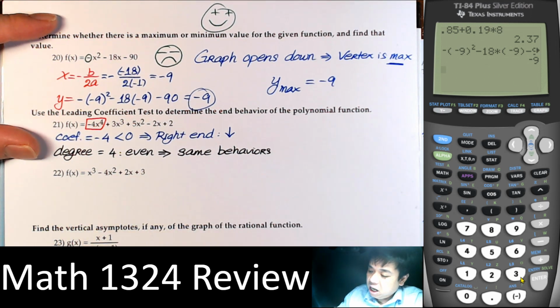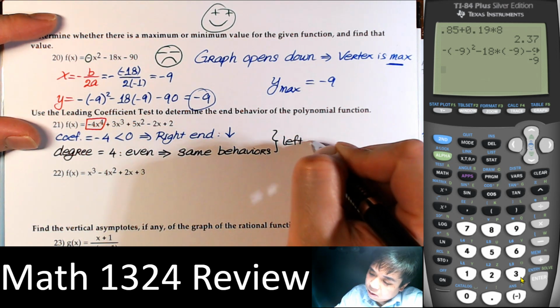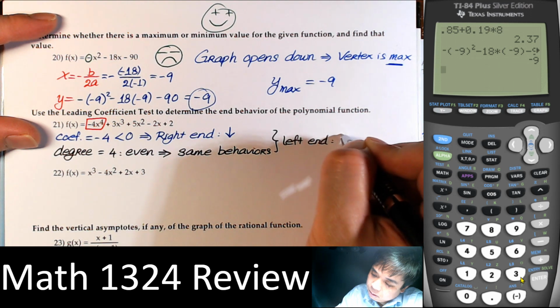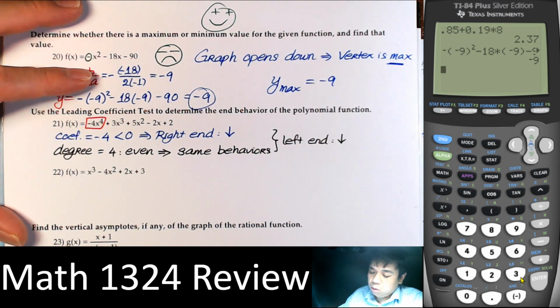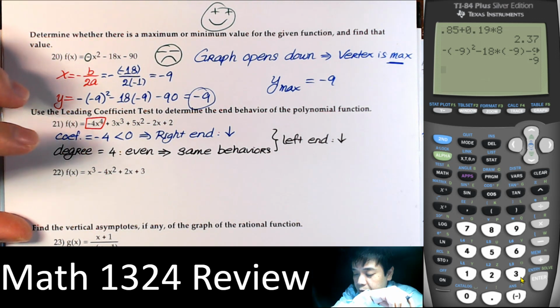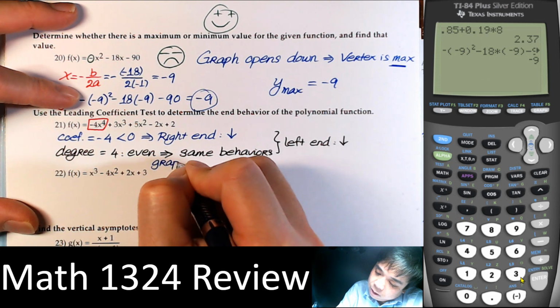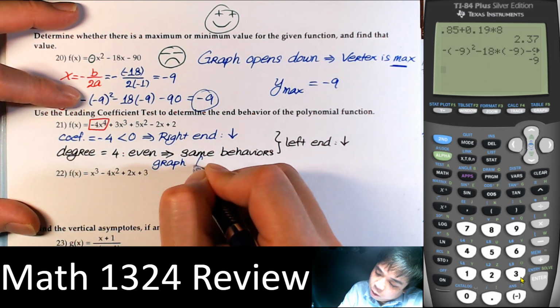Now if we have the same behaviors, the right end is down, so the left end is also down. So in this case we say the graph falls to the left and falls to the right.